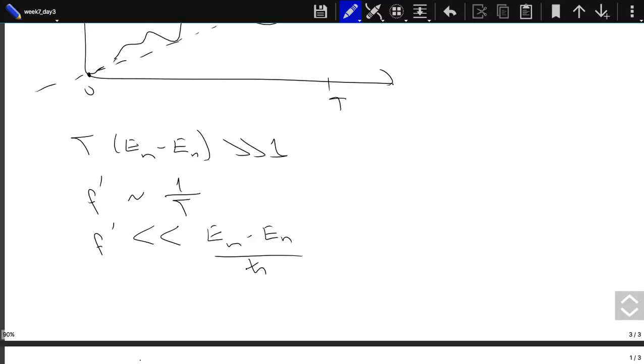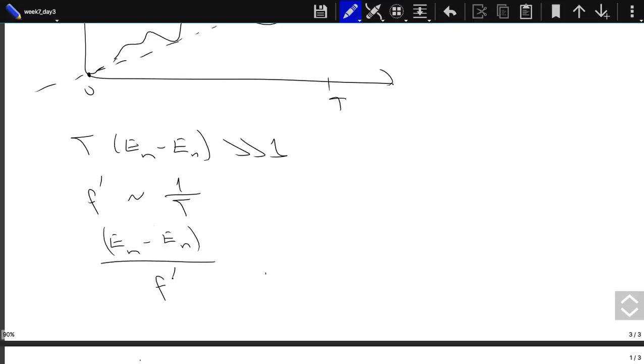Equivalently, t times em minus en over h bar is much larger than 1, or f prime should be much smaller than em minus en over h bar.